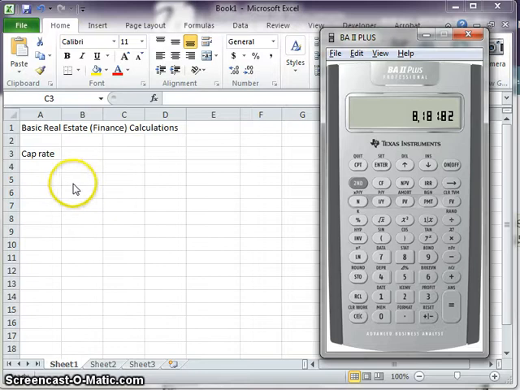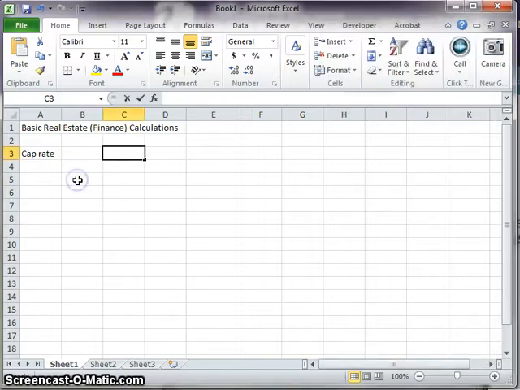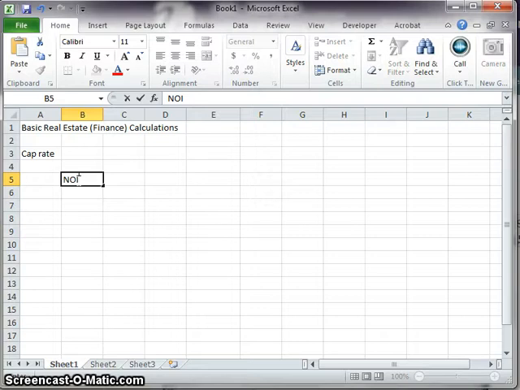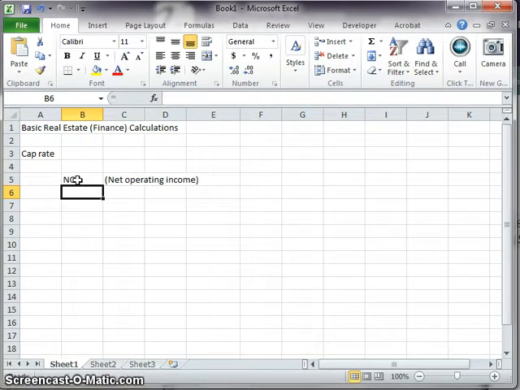So if we think about the three areas that would go into coming up with a value, we would have NOI, or net operating income, and we would have the value, and we would have another function which would be the cap rate.